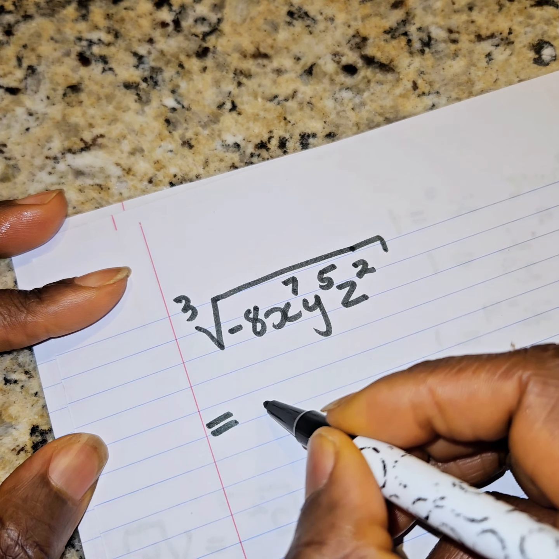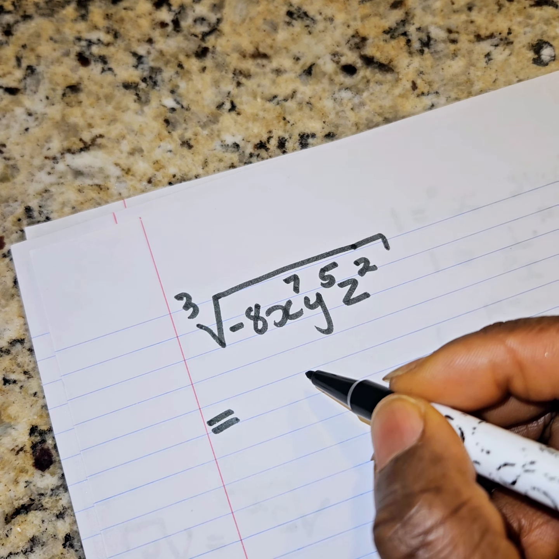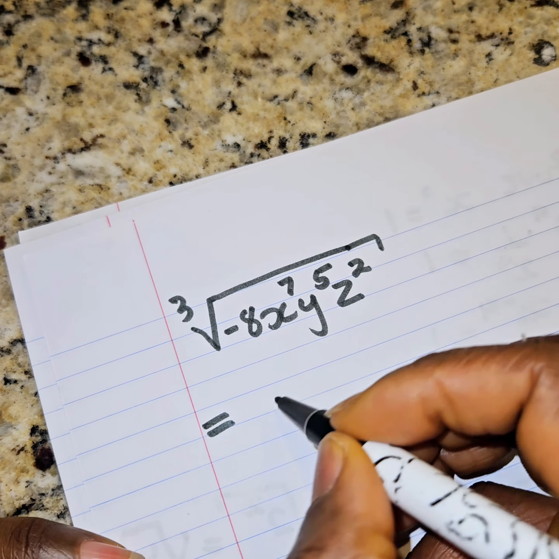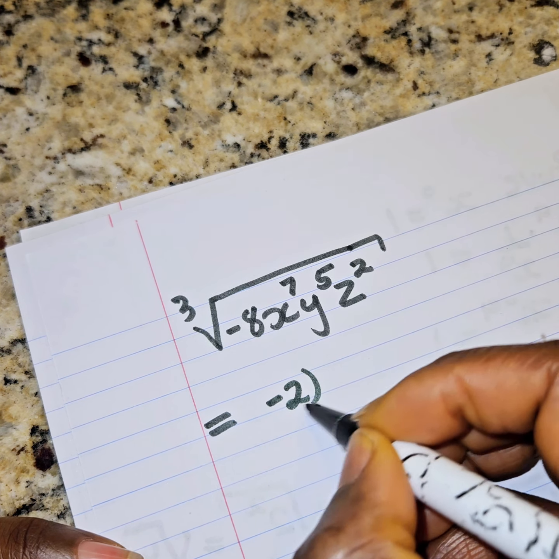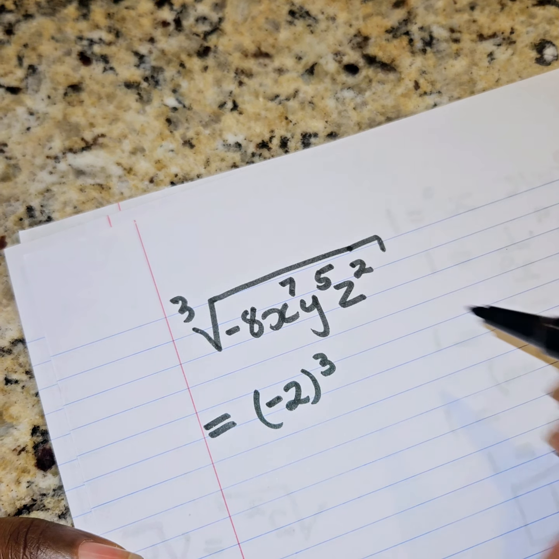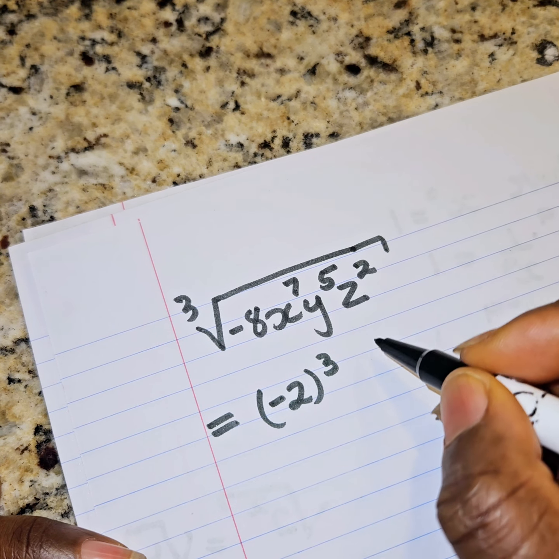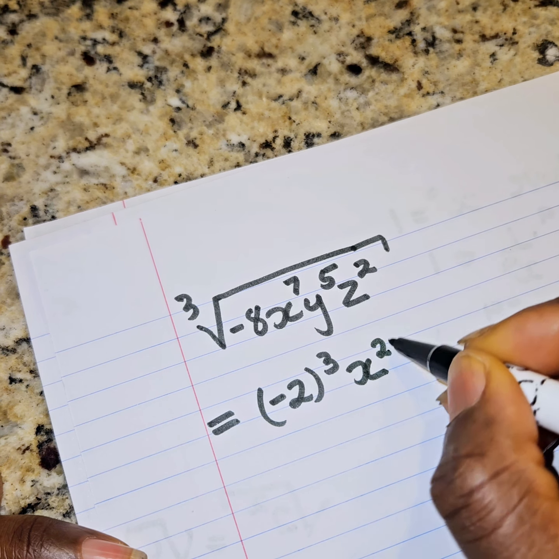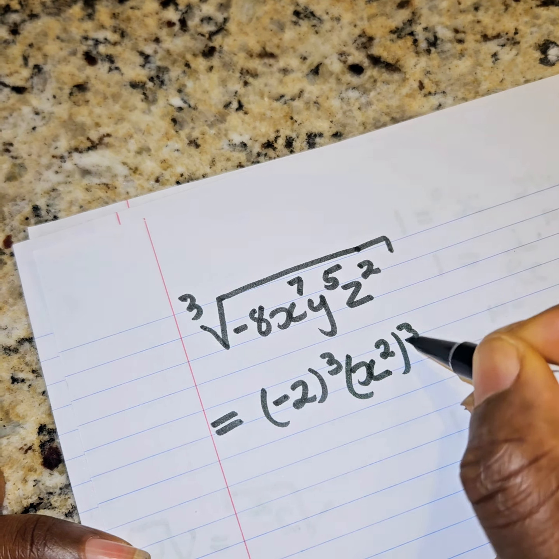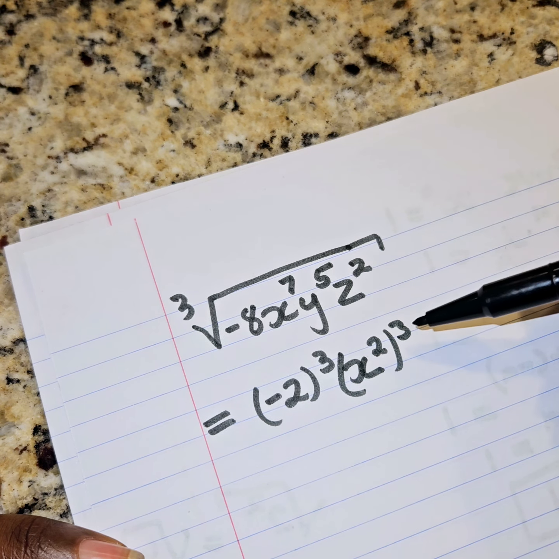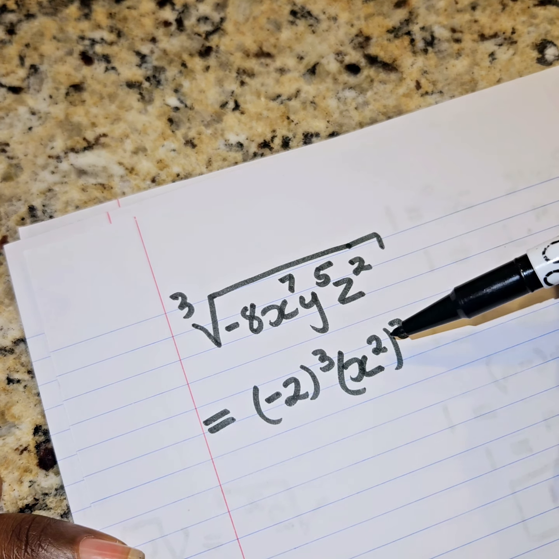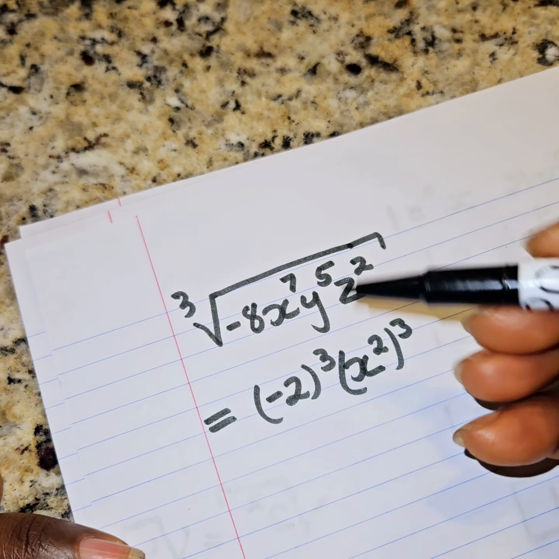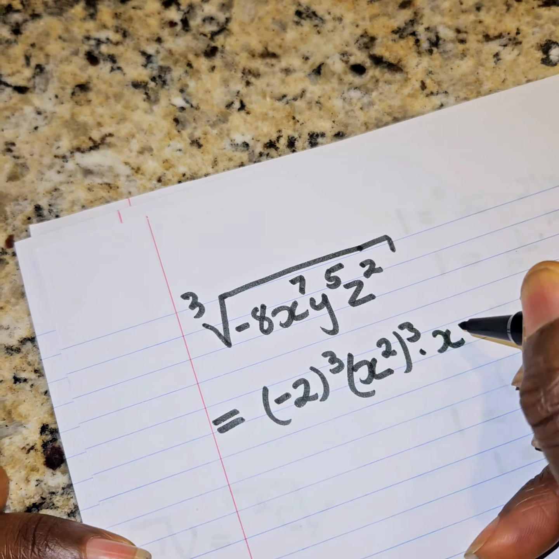We know that the cube root of 8 is 2. Or if I take negative 2 to the 3 power, I will have negative 8. I can also write x to the 7 as x squared cube. You see, the first one I was trying to write in squared. Now I'm trying to write this in cube because this is cube root, times x.